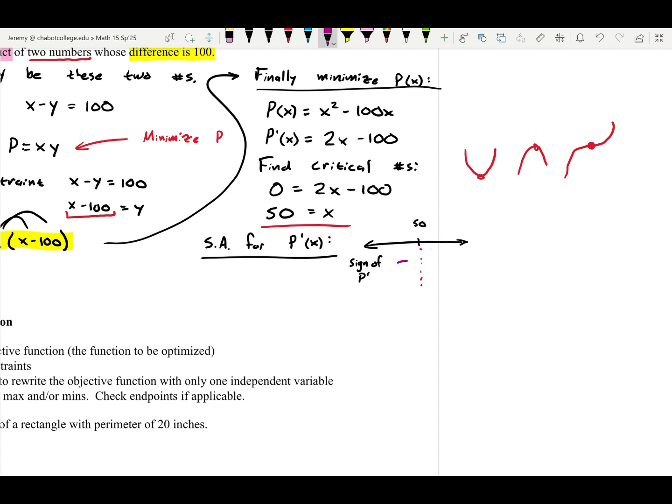And then I could put in 51 into the derivative, and I get a positive number. And this is looking pretty good because it means that the behavior of p, the product, is decreasing to the left of 50, increasing to the right of 50. That shows me that I have a local minimum right there at 50. So that's great. That confirms that this is in fact a local minimum.